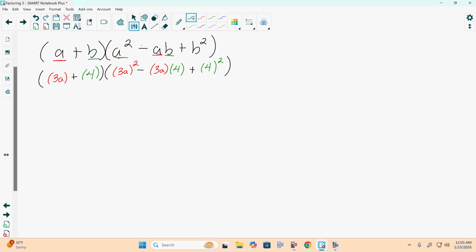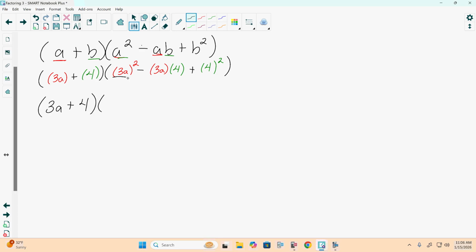Now the last thing we have to do is simplify. Our first parentheses, we can just drop the parentheses: it's 3a plus 4. In the bigger set of parentheses, we are going to have to simplify the 3a squared. We're multiplying it by itself, so we're squaring not just the a, but we're also squaring the 3.